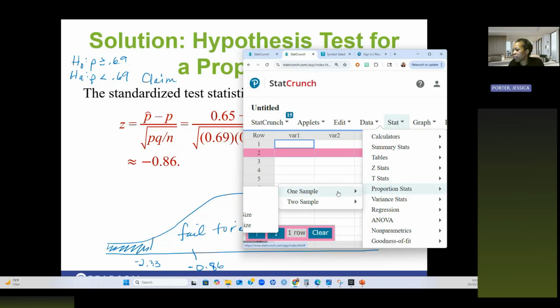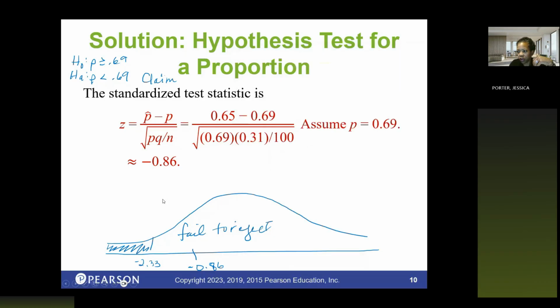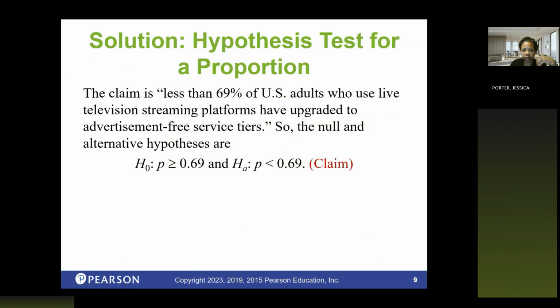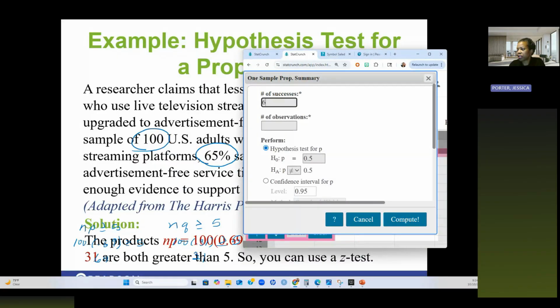Proportion stat, one sample with summary. Now, how did I determine the number of successes? Let's go look at the problem itself. Right here we have 65% of 100, so that is 65 out of 100.